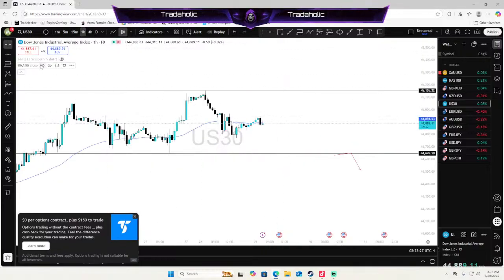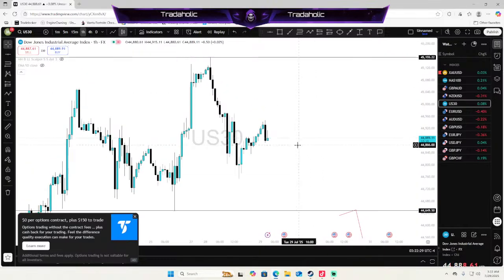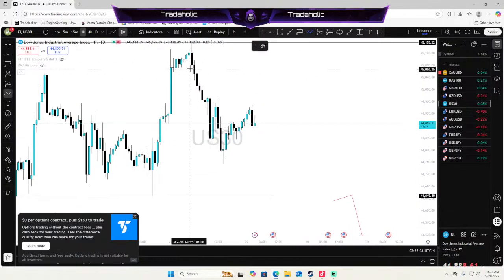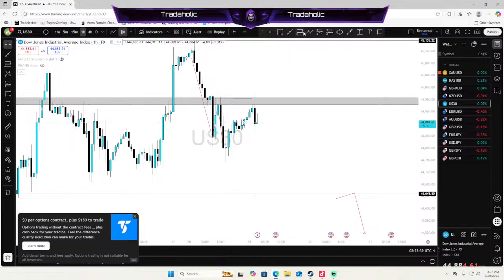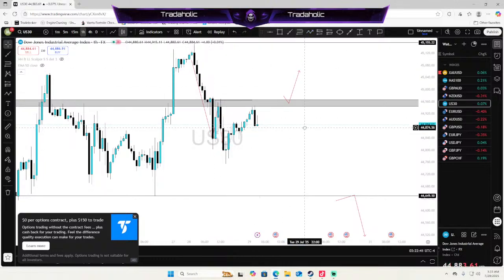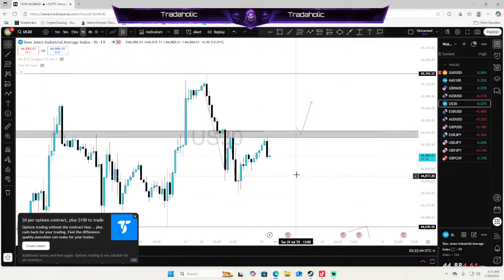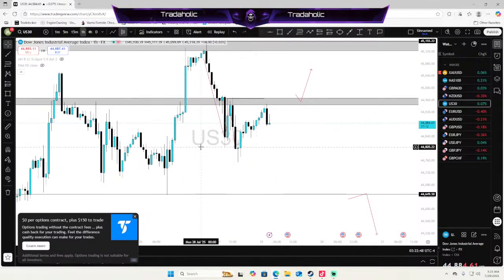Let's go to the 1-hour time frame. 1-hour time frame has internal structure being bearish with this lower low, lower high, lower low. I will wait for this 1 hour to shift bullish on this internal structure above this area to take buys. And looking at these buys, we can look to target these highs up here. It's very simple.